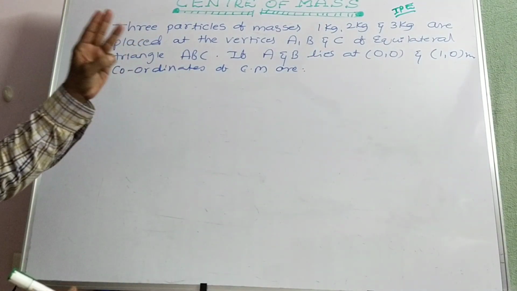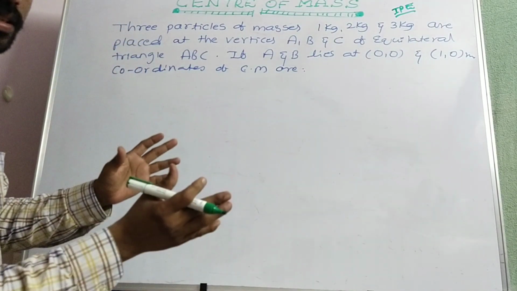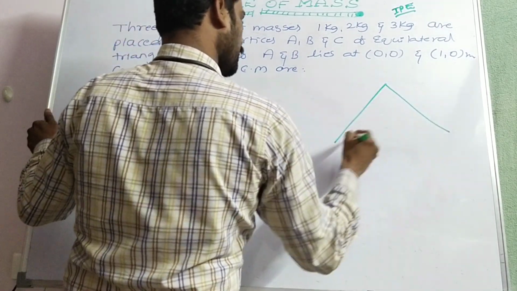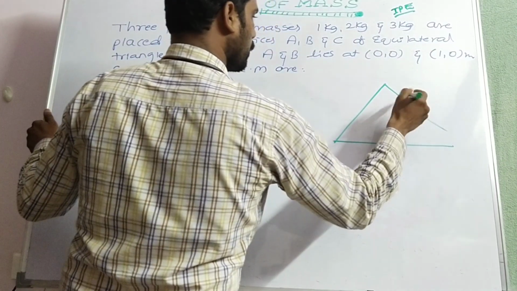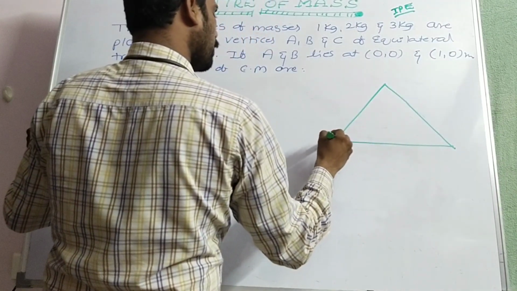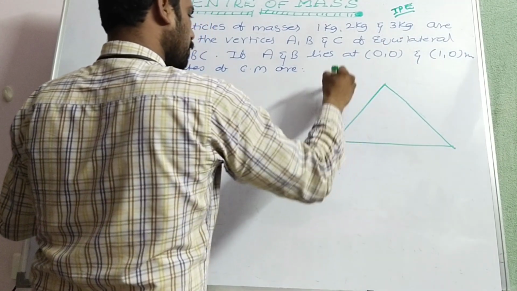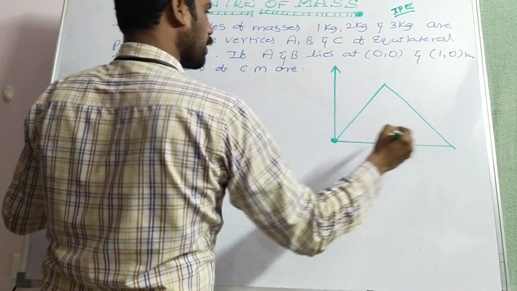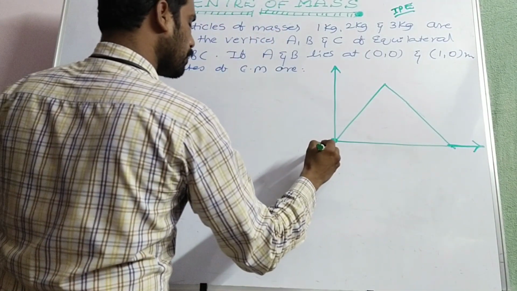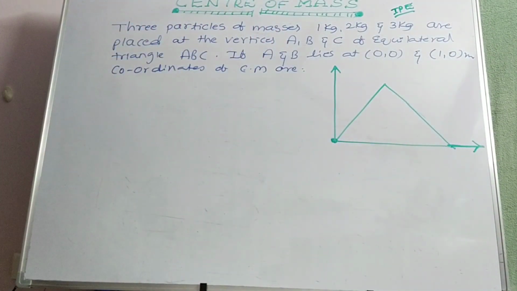Three particles are kept at the three vertices of an equilateral triangle, meaning all three sides are the same. Let us consider the coordinates given: vertex A will be located at 0, 0.